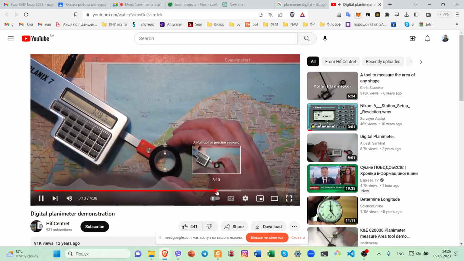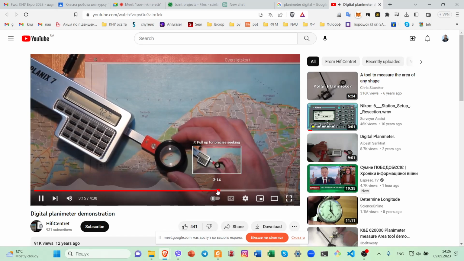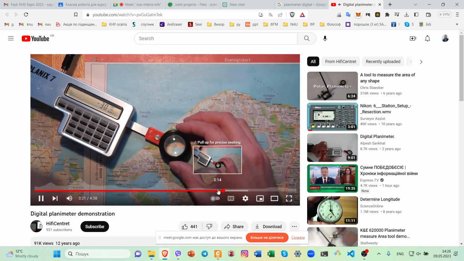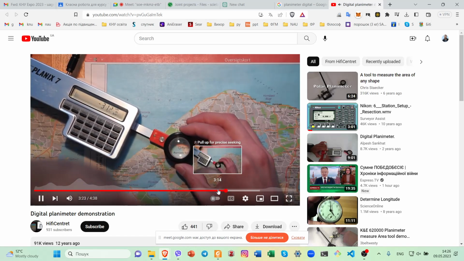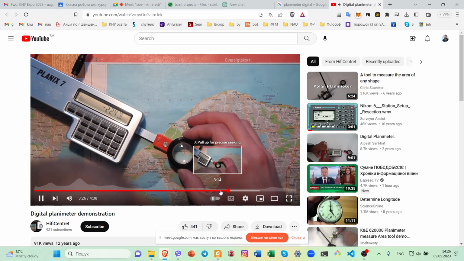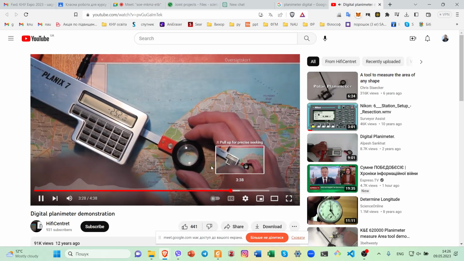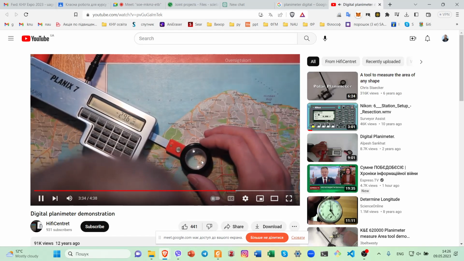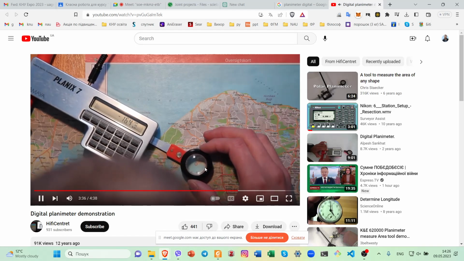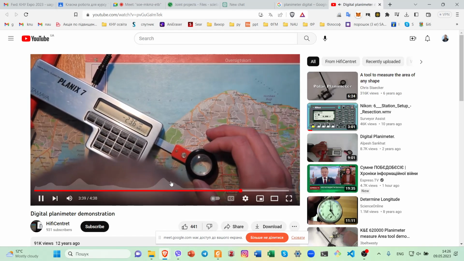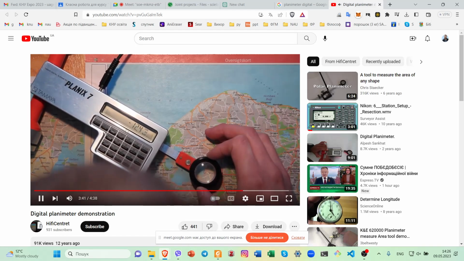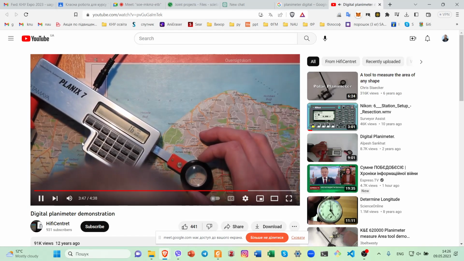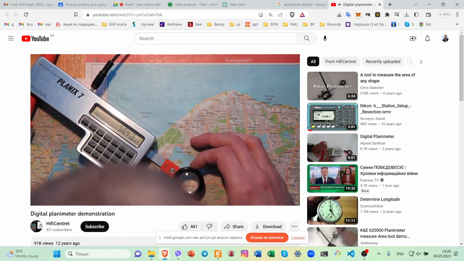You can see the method. You just trace the contour of the necessary object with a special looking glass, and then when the contour is closed, this planimeter shows the area of the object.